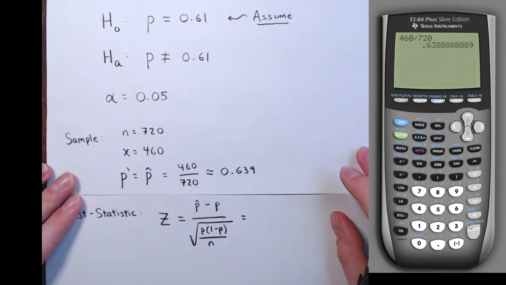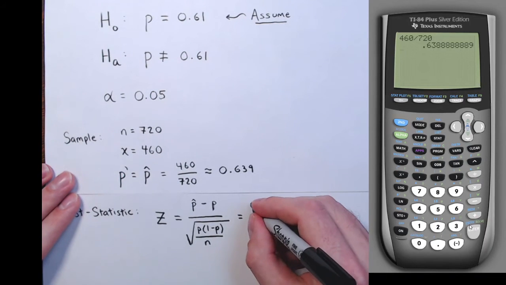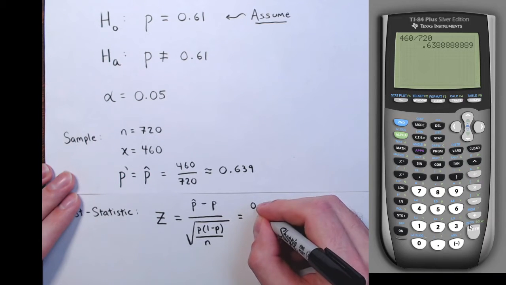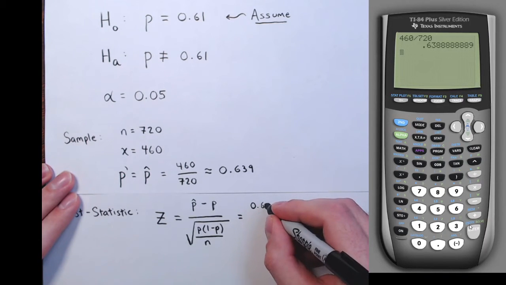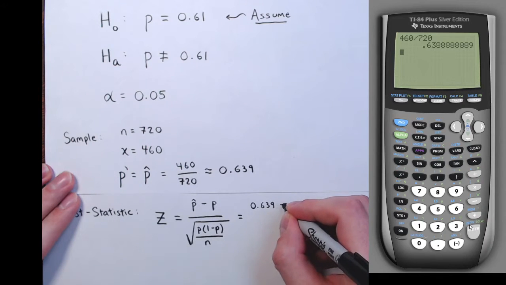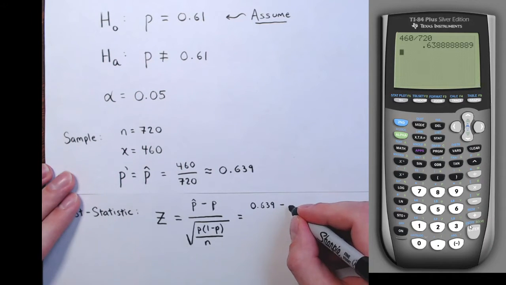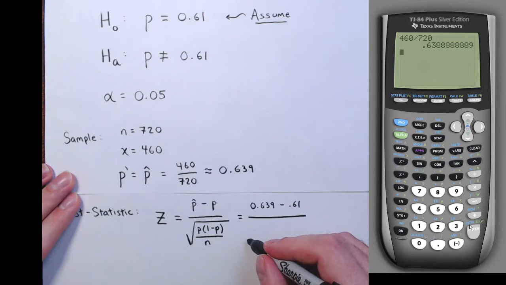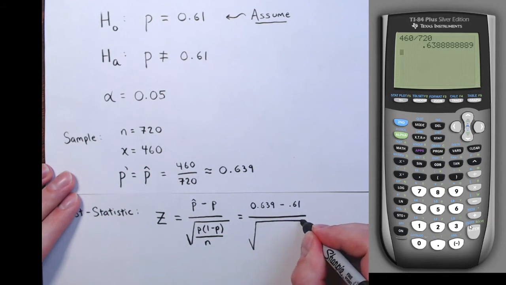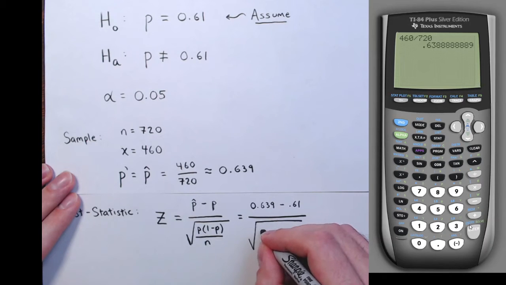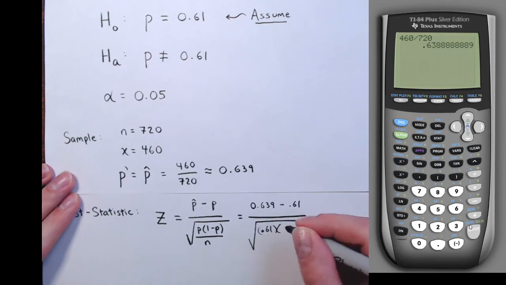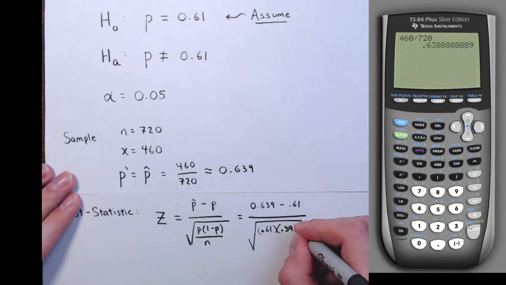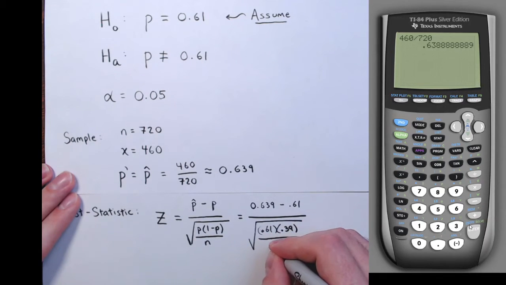I'll plug in the number I just had. We get 0.639 minus the assumed population proportion p, 0.61, divided by the standard deviation of the sampling distribution: the square root of 0.61 times 1 minus p, so 0.39, divided by the sample size of 720.